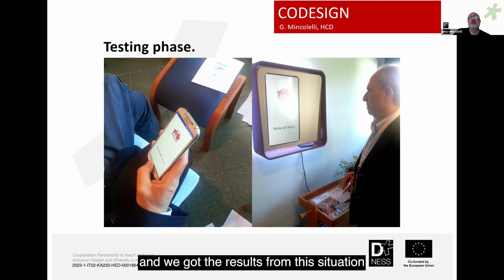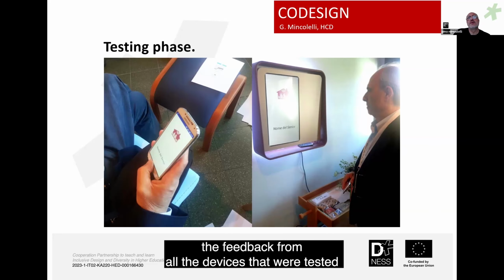And we got the results of the observation, and also the feedback from all the devices that were tested.